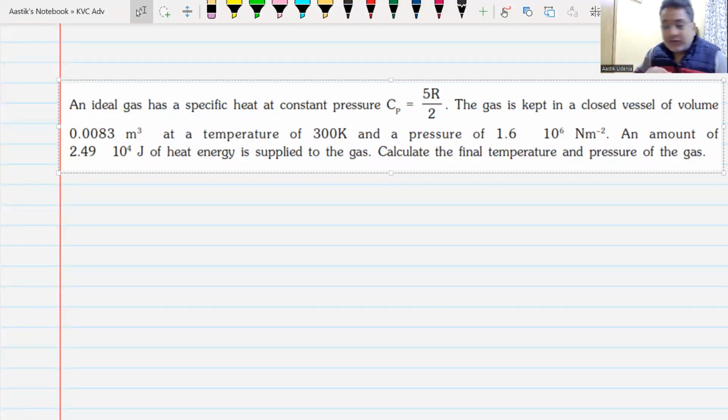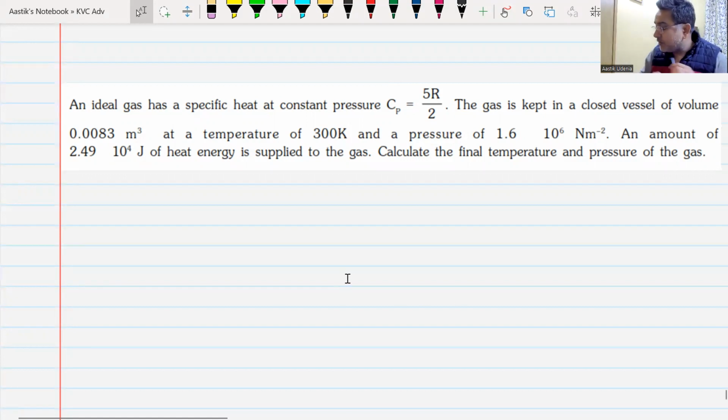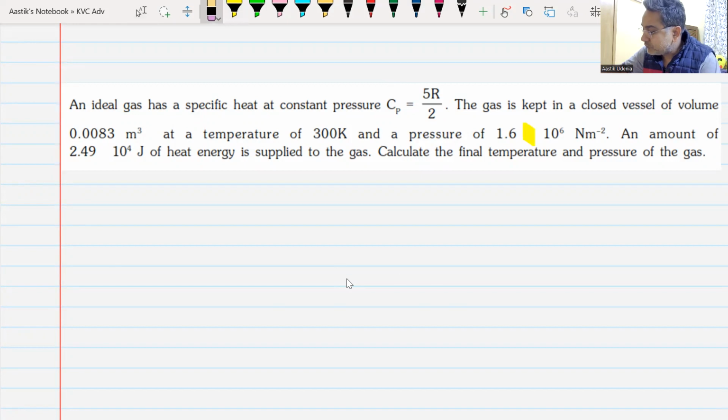A gas has specific heat at constant pressure Cp as 5R by 2. The volume is given, the temperature is given, and the pressure is given. It is given that an amount of heat is supplied to the gas. Calculate the final temperature and pressure of the gas.